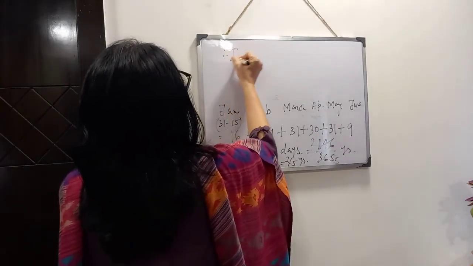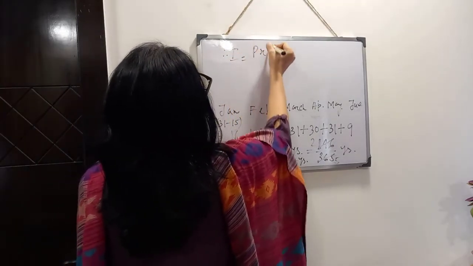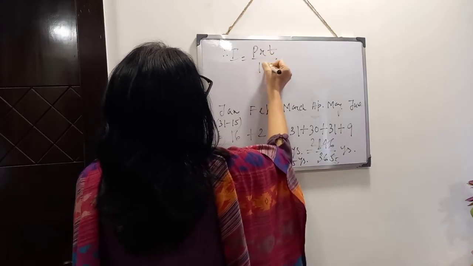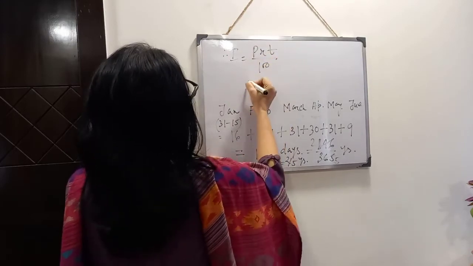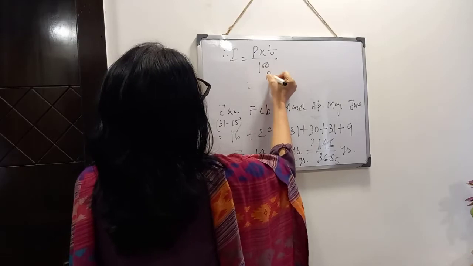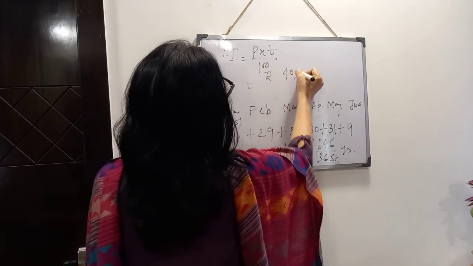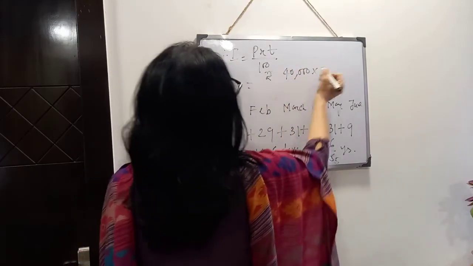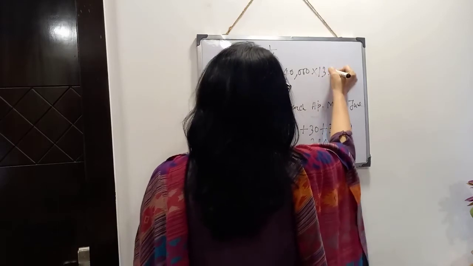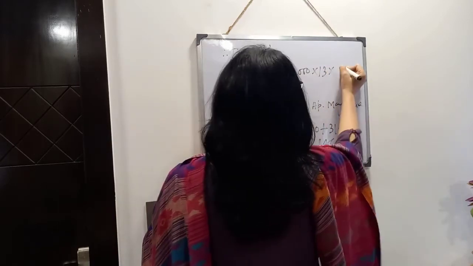Therefore, interest equals PRT by 100. The principal is given rupees 40,000 and rate was 13, T is 2 by 5, by 100.